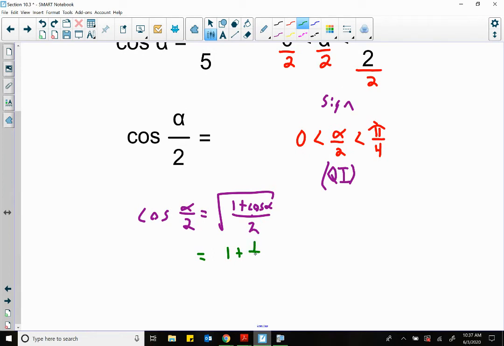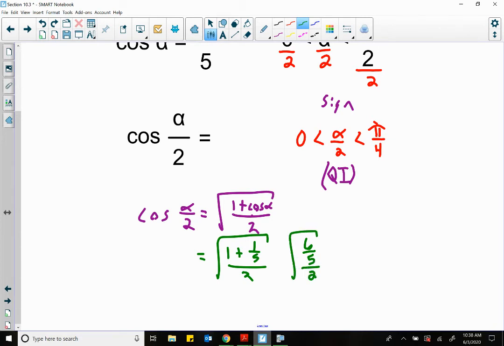So 1/5 all over 2. All right, 1 plus 1/5 is 6/5. So we have 6/5 divided by 2.